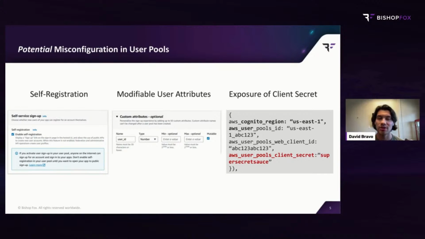And lastly is the exposure of a client secret. I won't go into the specifics of how AWS Cognito can integrate into other applications or other services, but know that there are many ways of configuring AWS Cognito. And one of those ways is to integrate it into external applications, either within the AWS realm.